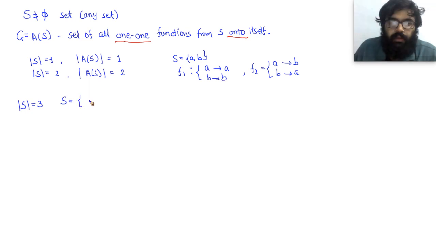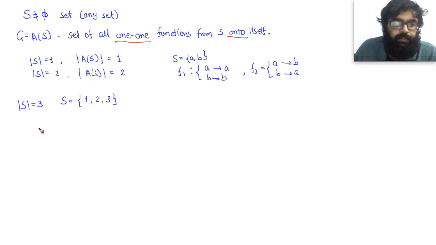Let me write a, b, c, or rather 1, 2, 3, because we will use that notation in future. So instead of writing general x1, x2, x3 or a, b, c, we just write 1, 2, 3. S has 3 elements. Now how many one-one and onto functions can we give from S to S? That is the question.